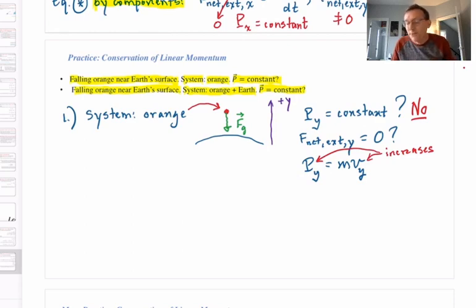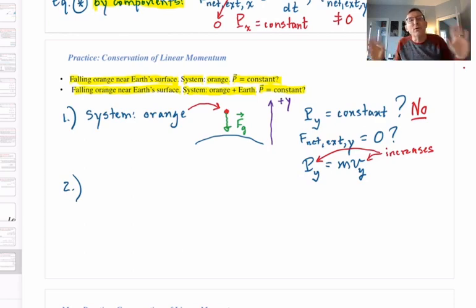Okay, now, I should say, by the way, that I'm going to assume that there's nothing else outside the combo of Earth plus orange that's influencing. And I should have made that clear, so that probably wasn't fair.